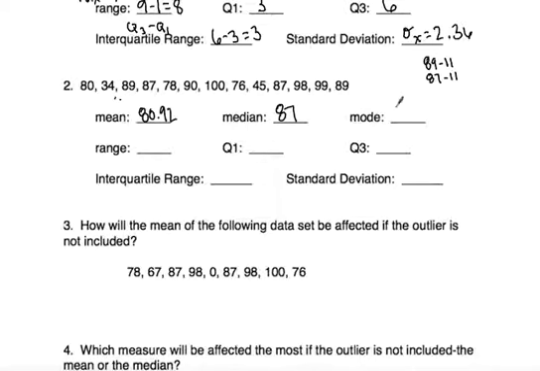So for the mode, you actually have 2. You've got 89, and you also have 87.